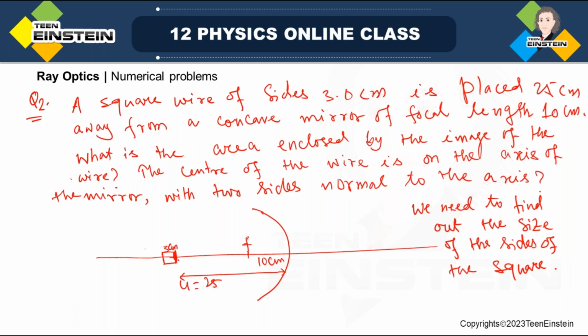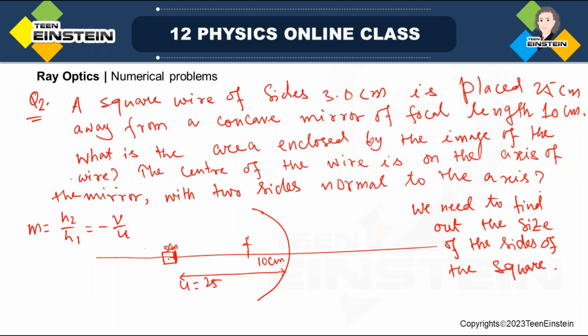and if the image is formed, I can get the position of the image somewhere. This side we know, so we know the height of the object. If we know the position of the side, then I will be able to find out the magnification. So magnification is given by h2 by h1, that is given by minus v by u, isn't it? I hope you are getting the point. I know h1 is the 3 centimeter side.